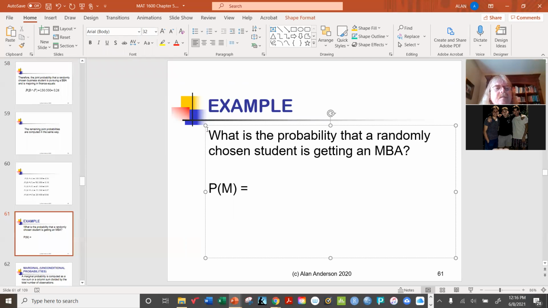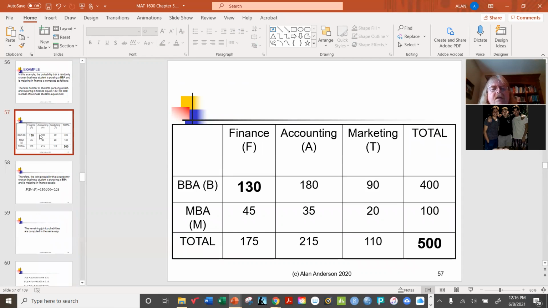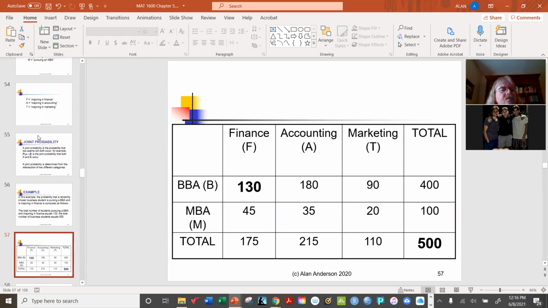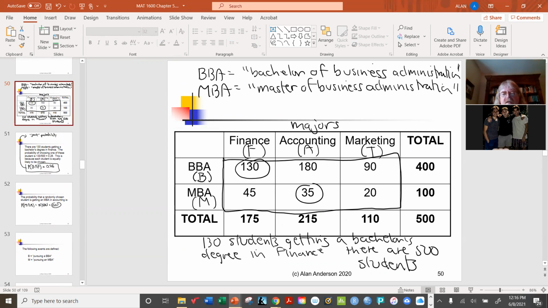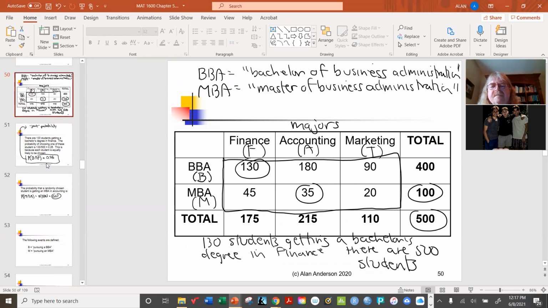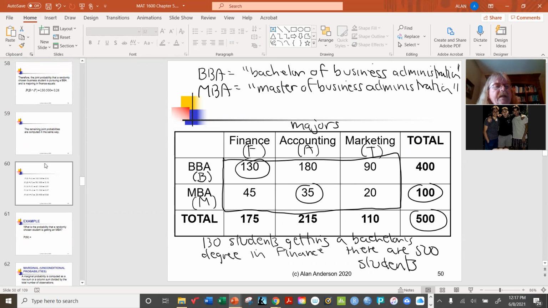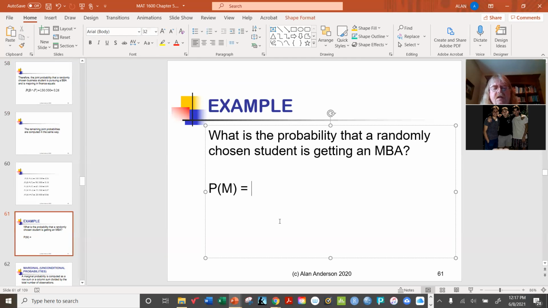You go back to the table and you say, all right, how many MBA students are there? And let's look at this one. You read across and you say, oh, there's 100. I don't care about their major. I just want to know how many MBA students are there. It's 100. And I know that there's 500 students in the entire business school. So that means that my probability is easy. It's just 100 out of 500, which is 0.20.